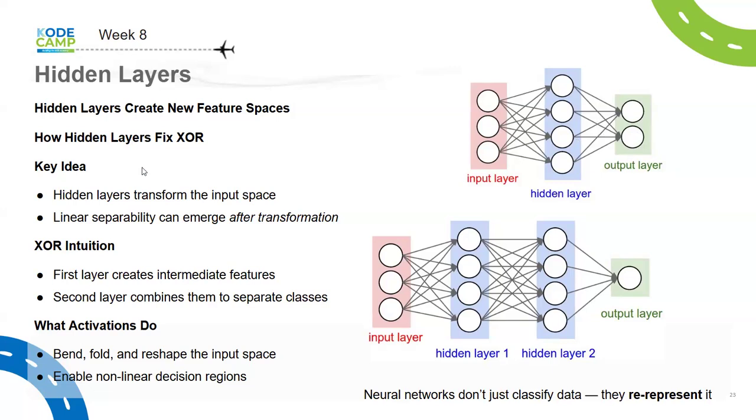So effectively, the hidden layers transform the input space. They change the nature, you know, effectively just see it as feature engineering. So you can now have a situation where after doing this transformation, a set of features that were not linearly separable before can be engineered to become a new set of features that are linearly separable.